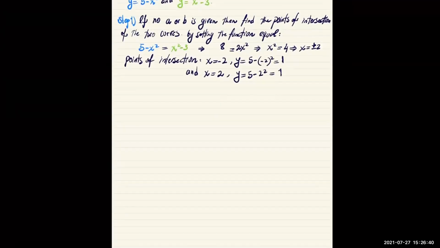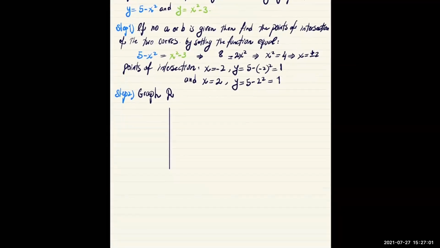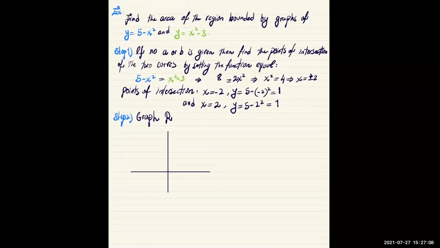So, graph the region. It's fairly simple to graph these parabolas.